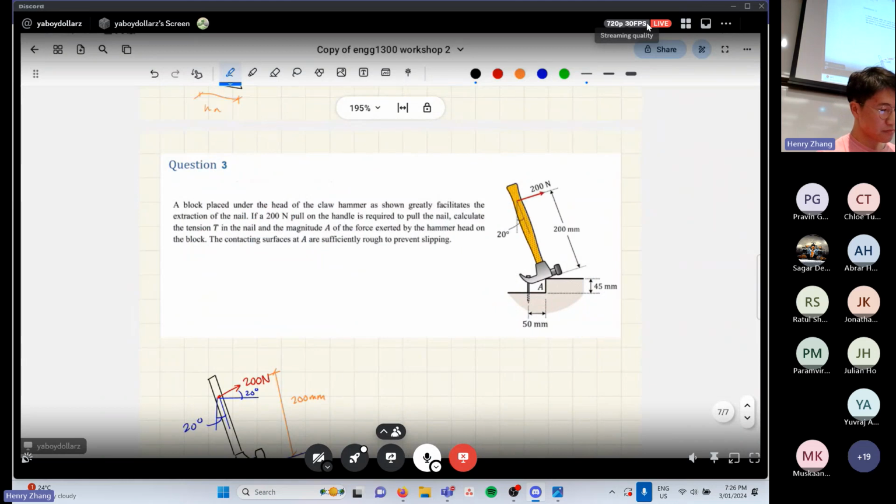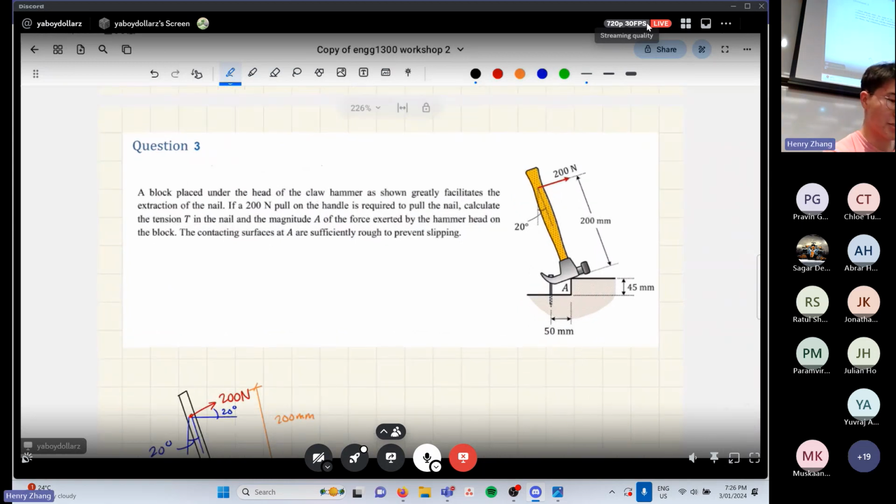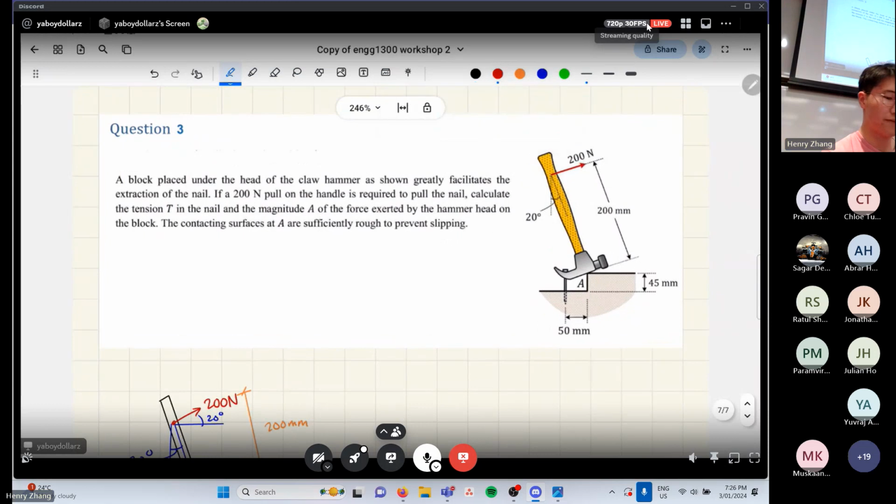Here we have also kind of a weird question. It's essentially saying there's a hammer being pulled with a force of 200 newtons here, and it's pivoting on this corner and pulling this nail out. So there's a bunch of random stuff going on.